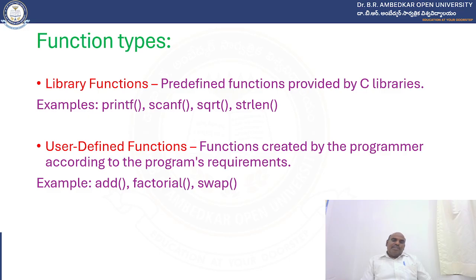Where can we get them? In the C library, in the form of header files. The header files contain these functions, and using the header file we can access them. For example, #include <stdio.h>, standard input output.